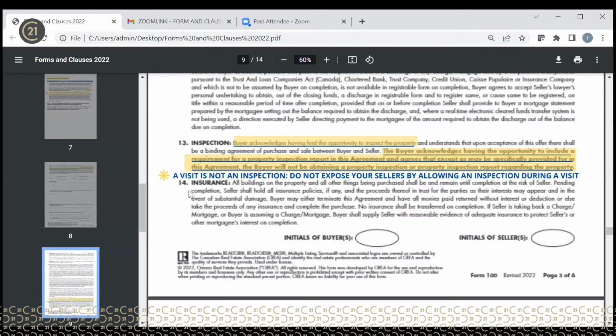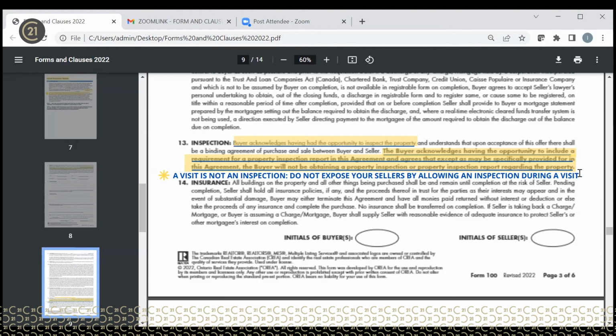Just another little note, a visit is not an inspection. We do not expose your sellers by allowing an inspection during a visit. We've had a lot of that going on as well. So just be aware of that. If you've got a firm offer on the table, protect the seller, your seller, by not allowing a building inspection during a visit.